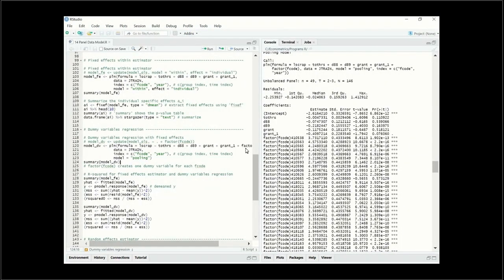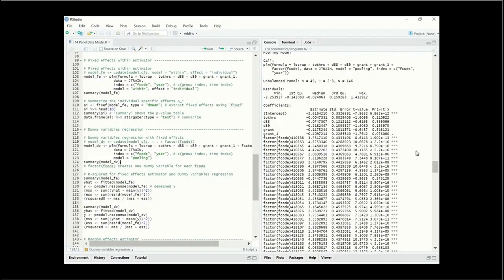And what we have above in the fixed effects within estimator is that they actually sum up to 0. So they're basically a deviation from the mean, which would be normalized as 0. So we can, of course, obtain the fixed effects from this model in comparison to this model. There's a one-to-one relationship, but this is why they differ.